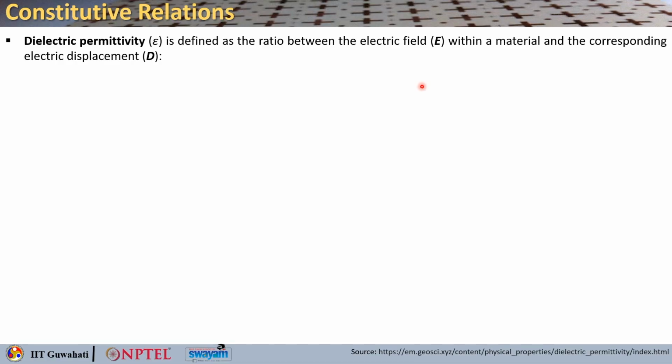In order to apply Maxwell's macroscopic equations, it is necessary to specify the relations between the displacement field D and the electric field E, as well as the magnetizing field H and the magnetic field B. Equivalently, we have to specify the dependence of polarization P, which is coming from the bound charges, and also magnetization M, which is the bound current, on the applied electric and magnetic fields.